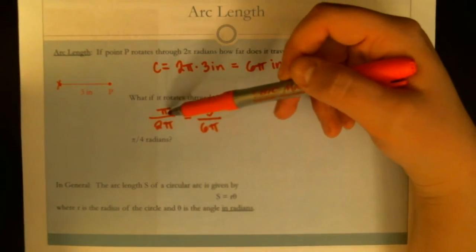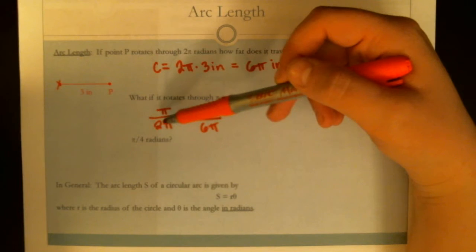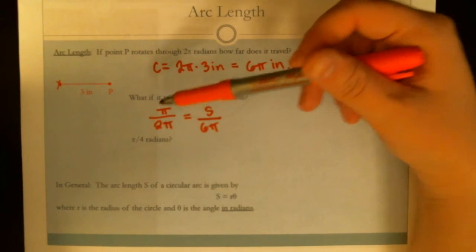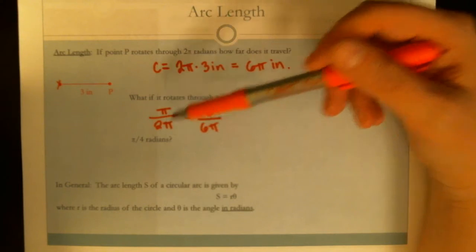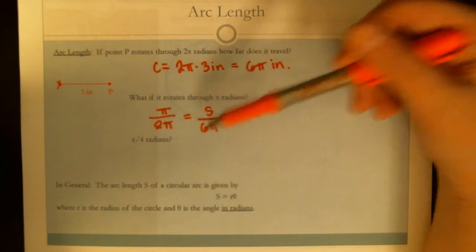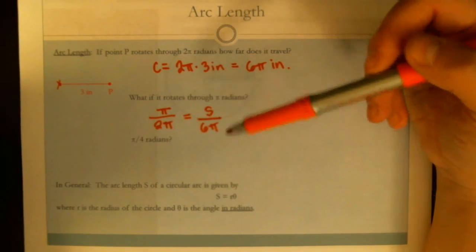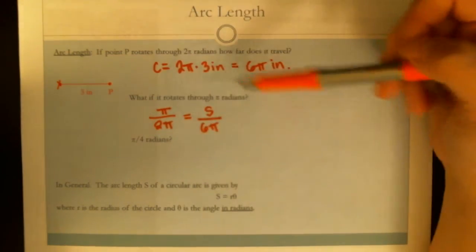So the ratio of the full rotation that you get should be equal to the ratio of the circumference that you get. If you've gone halfway around the circle, you should capture half the circumference is basically the argument here.